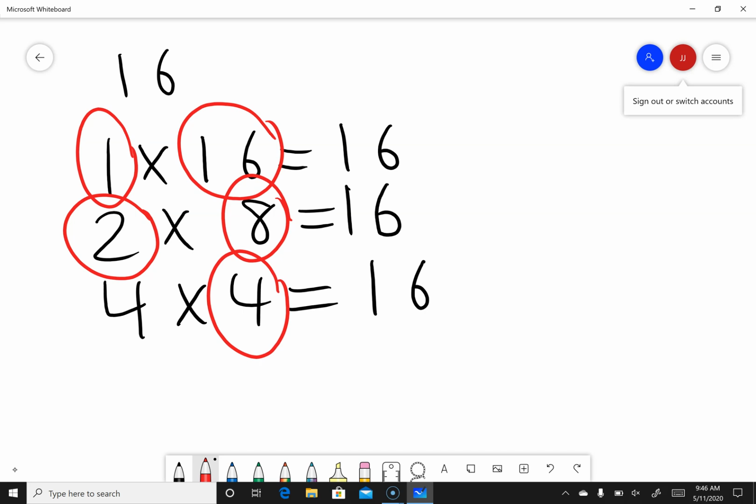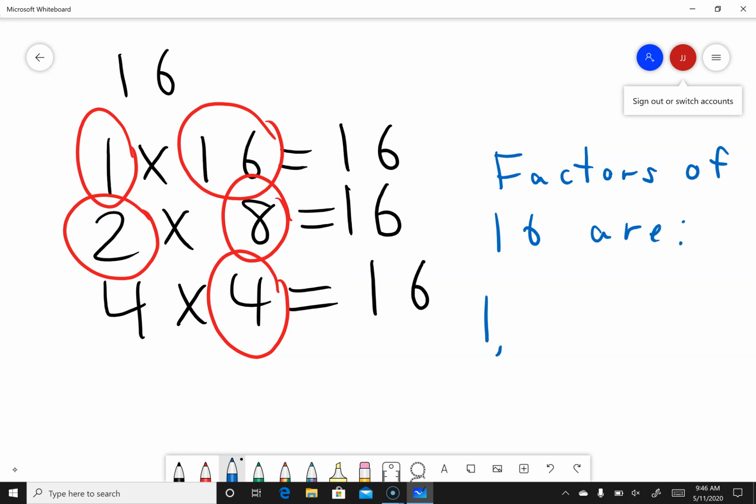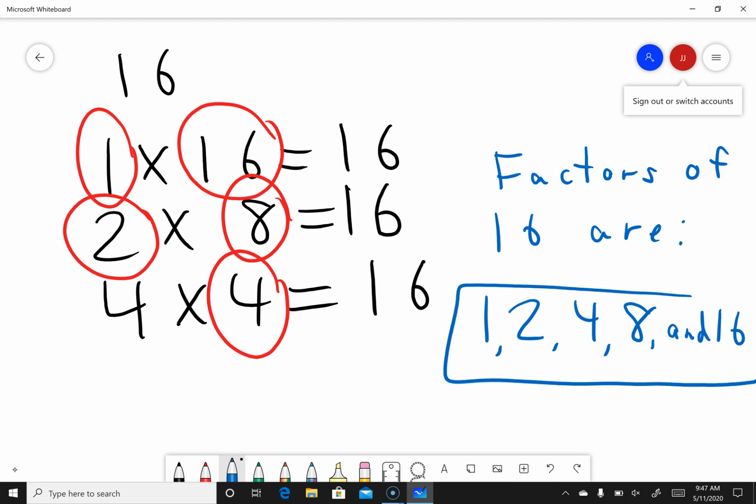Okay, so I'm going to write over here factors of 16 are 1, 2, 4, 8, and 16. Okay, I like to put them in order from smallest to largest, from least to greatest, but you can do it in a different order if you would like.